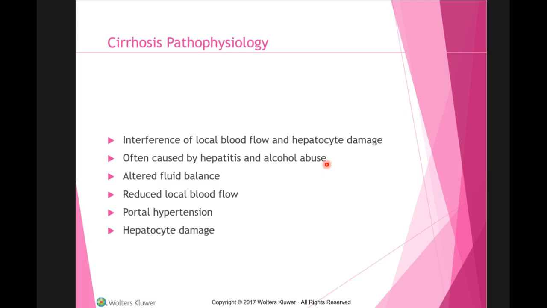The thing is that hepatocytes tend to regenerate, and that's great. But the problem is the fibrosis, and even once the causative agent is identified and removed, you're still left with a scarred, hardened liver.